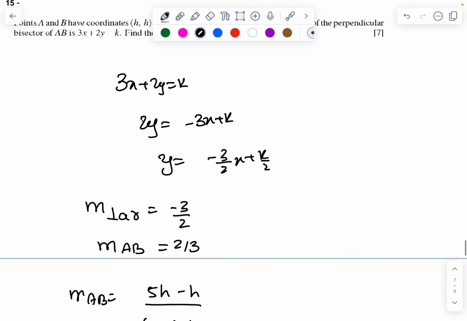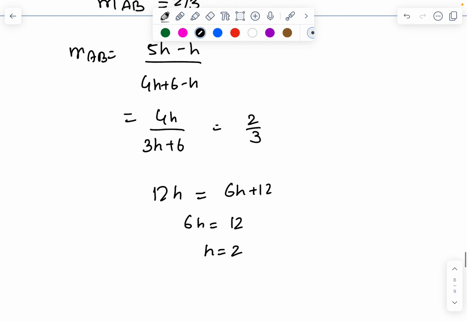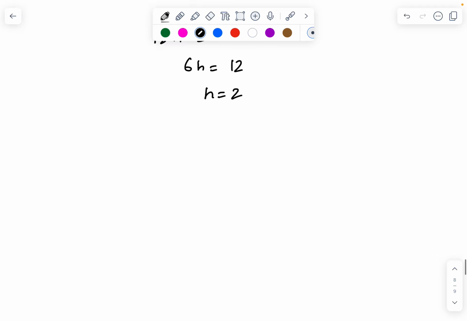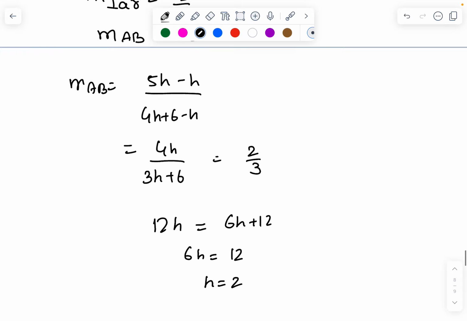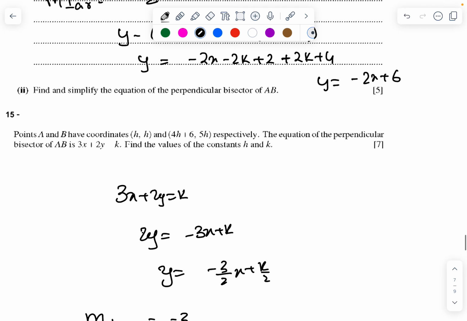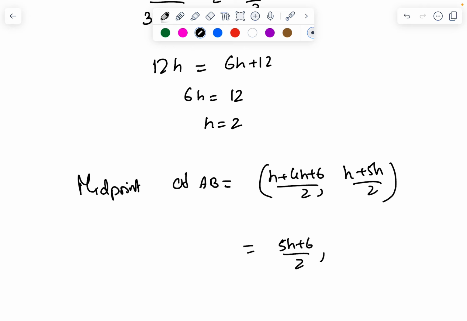I got the value of h. Now we need to get the value of k also. Now, the midpoint of AB is h plus 4h plus 6 by 2 comma h plus 5h upon 2, which is 5h plus 6 by 2 comma 3h.